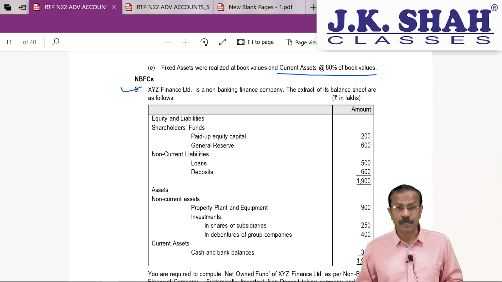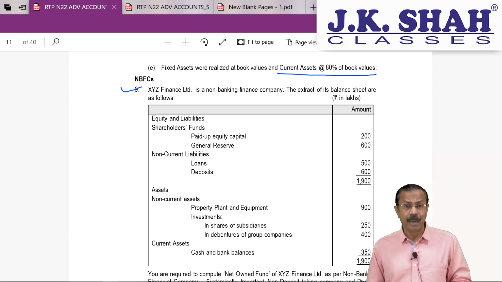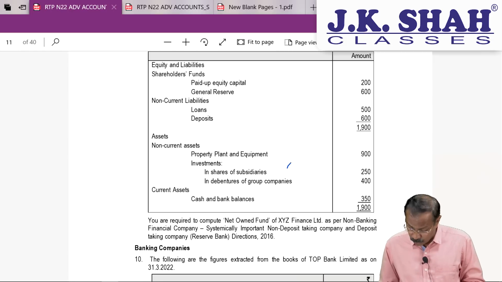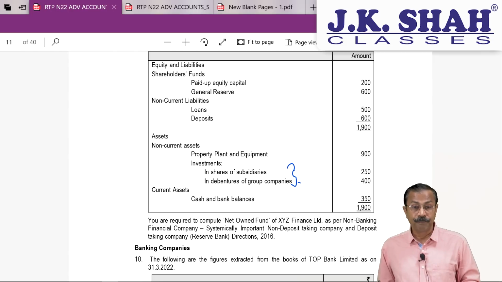Equity and liabilities, in that shareholders' funds, capital, reserve. Non-current liabilities, you have loans and deposits. Under assets, you have non-current assets, property, plant and equipment. Investments in subsidiaries, shares of subsidiaries, and in debentures of group companies. Current assets, you have cash and bank balance.